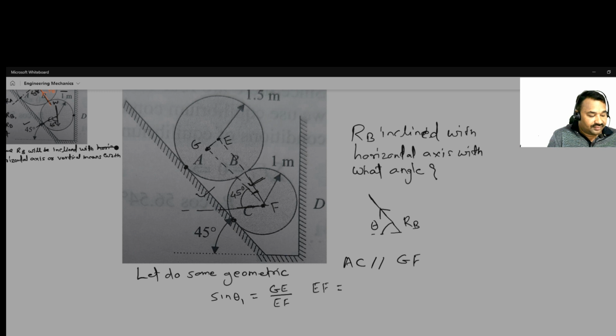EF is the sum of the radii of the two cylinders.